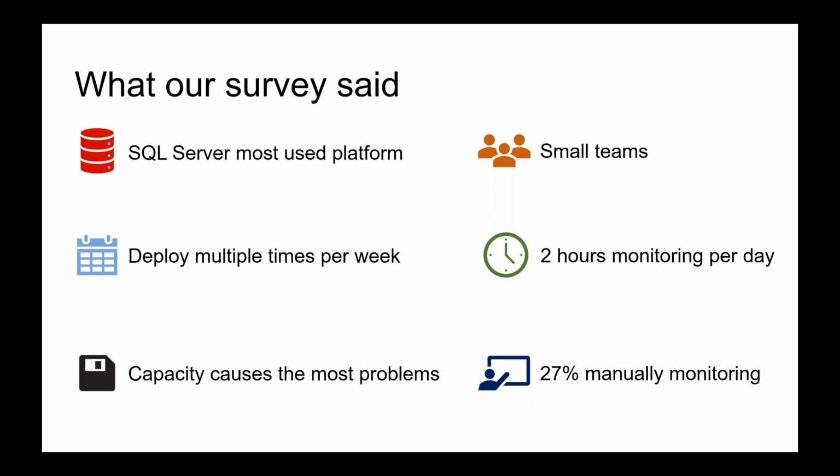And shockingly enough, 27% of you are still doing completely hardcore by hand monitoring, looking through the error log, right? Walking through processing instead of setting up automation or getting things to do things for you.